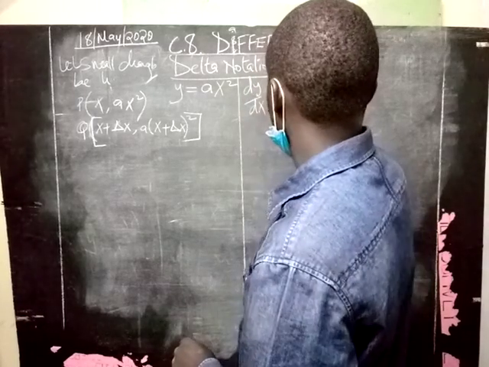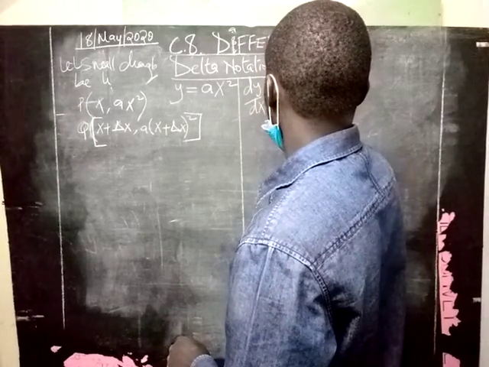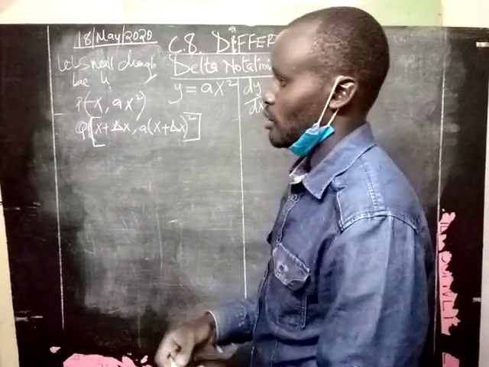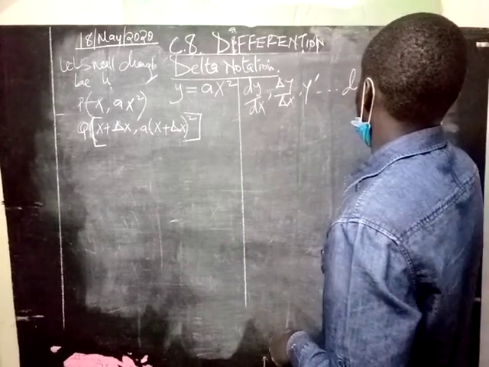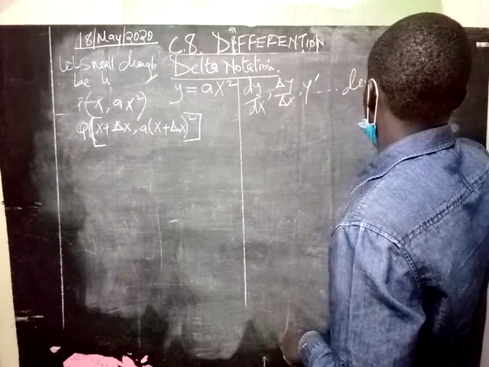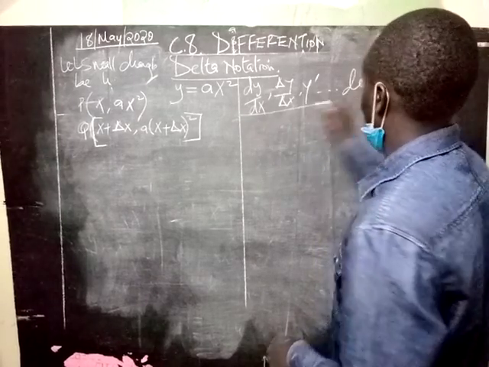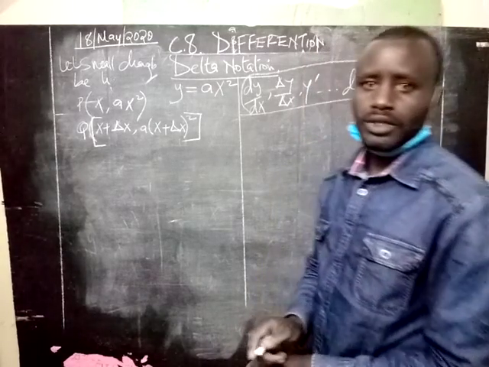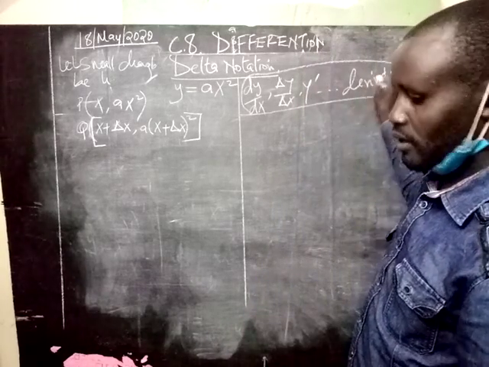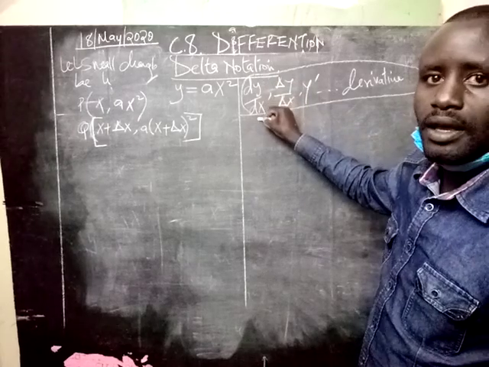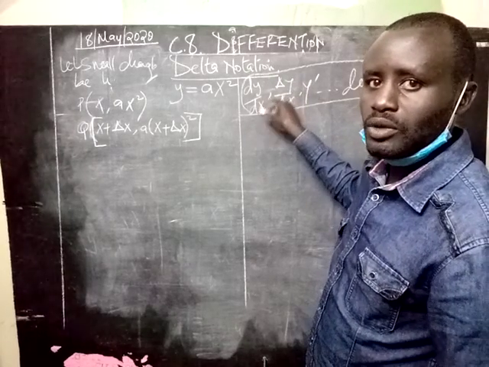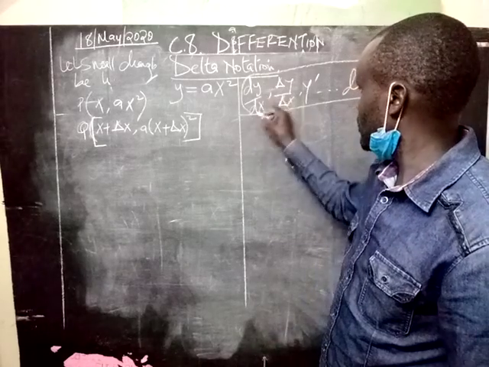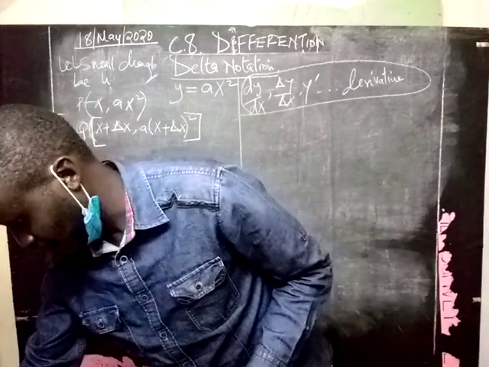We can also use delta y over delta x to mean the derivative, or the process of differentiation. We can find the derivative using dy dx. We say that we are differentiating y with respect to x.